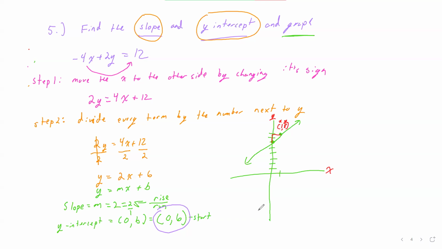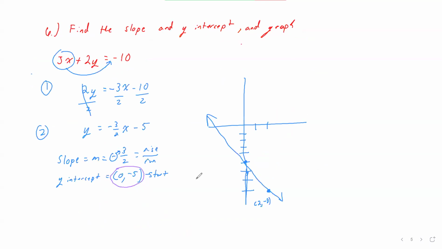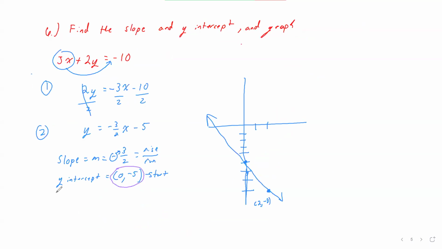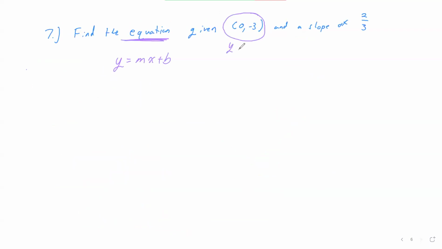What do all three of those coordinates have in common? They all start with 0. If they all start with 0, then what kind of points are they? They're the y-intercept. And that's important, because what does the b represent?